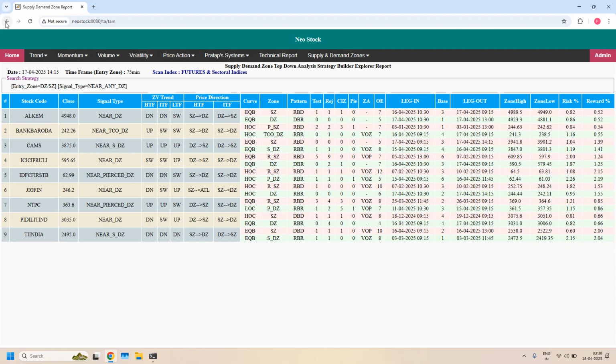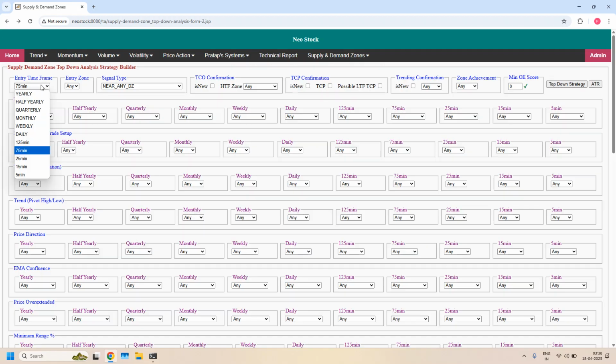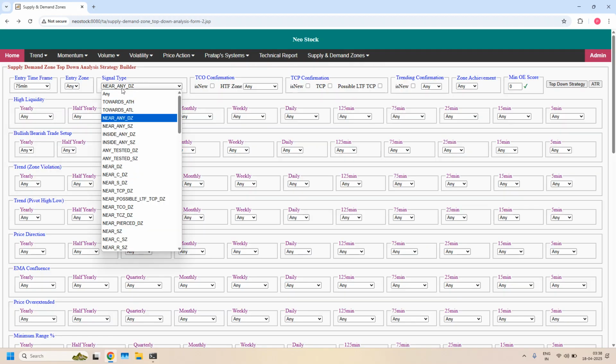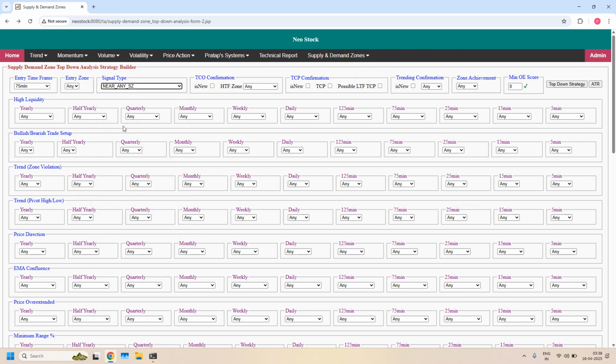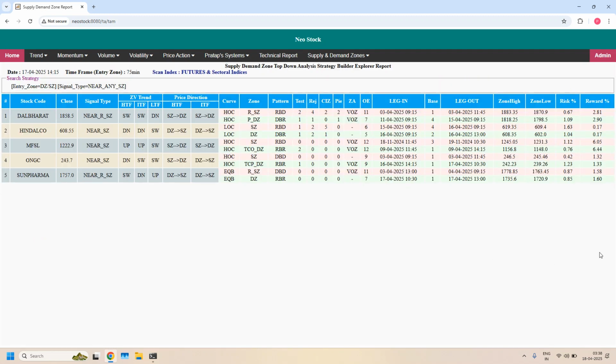Okay, next, entry time frame 75 minutes. Let us find the stocks near to the 75 minute supply zone. We got 5 stocks. Let us identify high liquidity supply zones from this list. And it is a pierced zone, we can't trade.